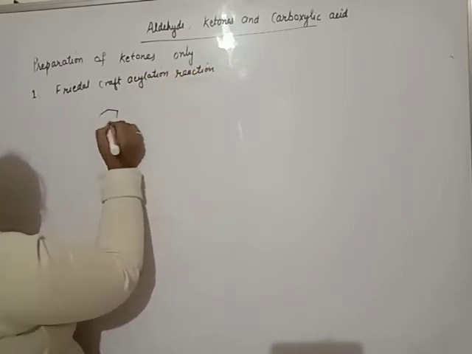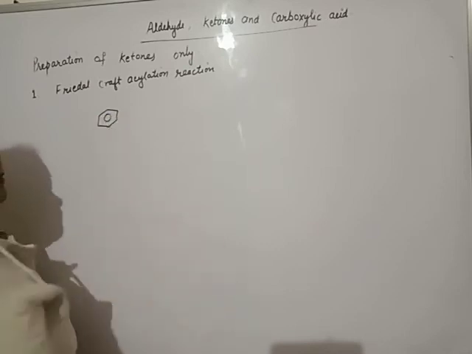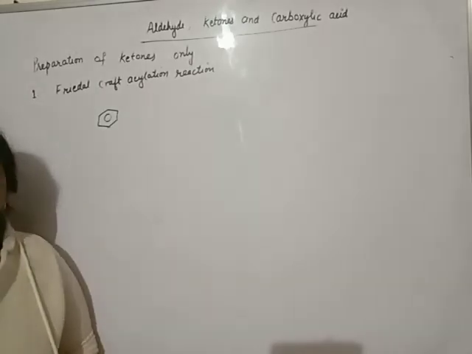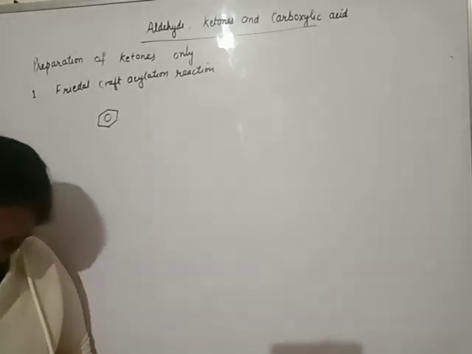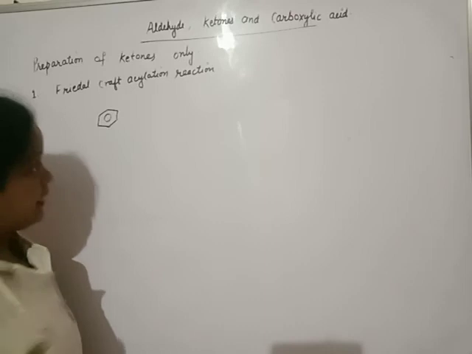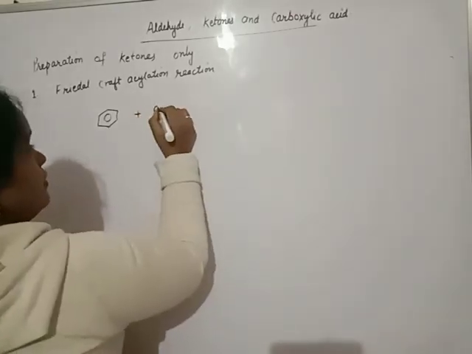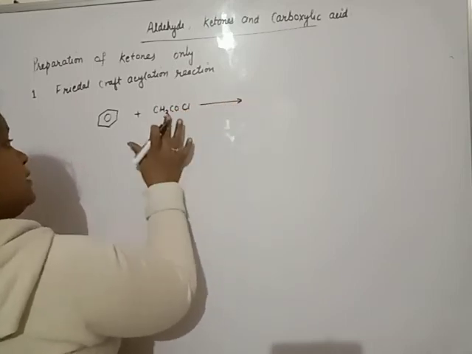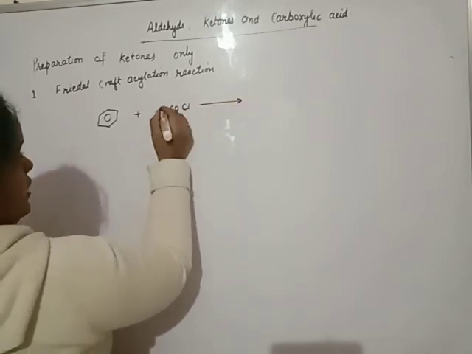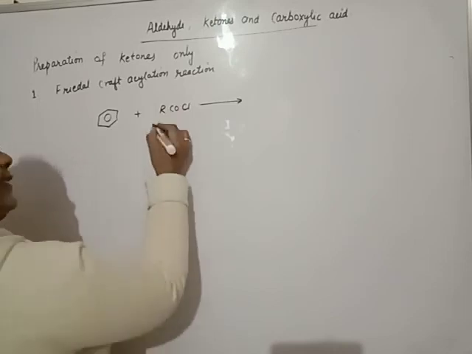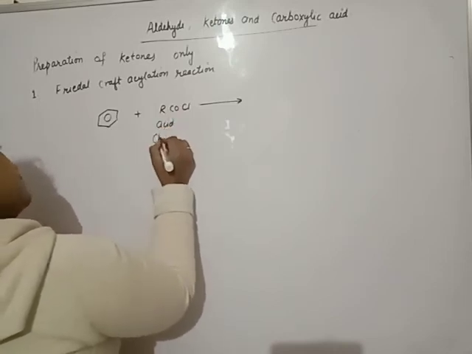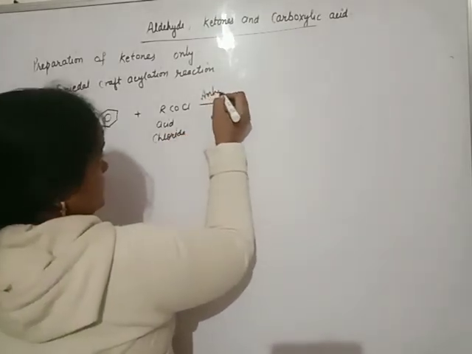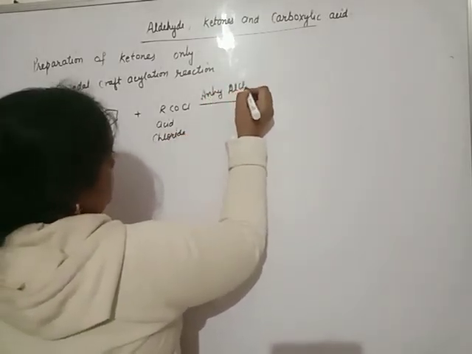In case of Friedel-Crafts acylation reaction, either benzene, either haloarene, either phenol reacts with acid chloride. In place of CH3 you may use R. Acid chloride, in presence of catalyst anhydrous aluminium chloride.